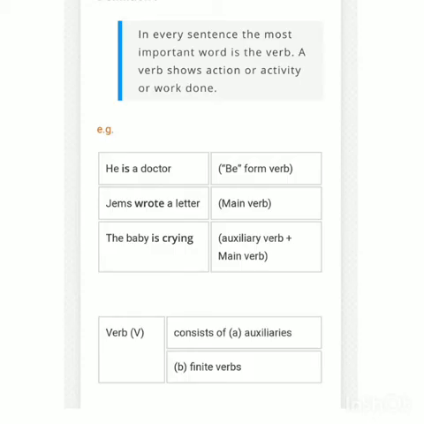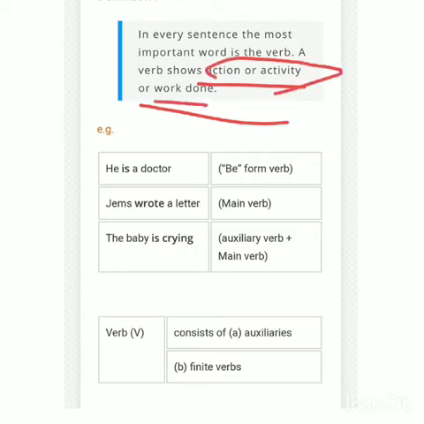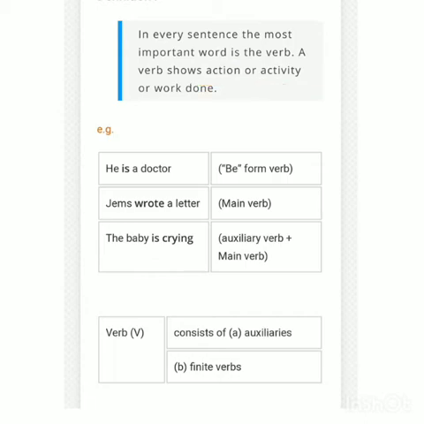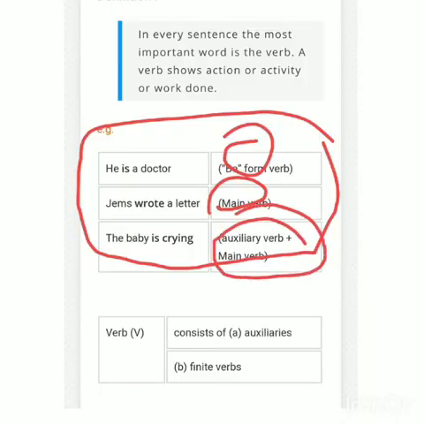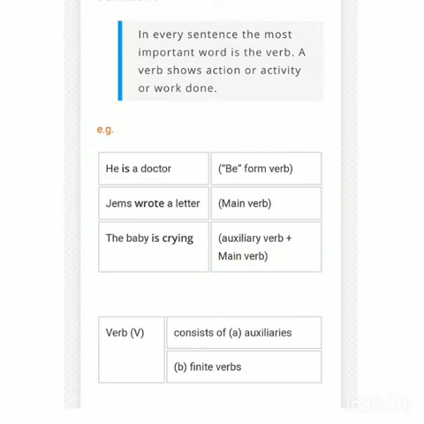Next one, verb. In every sentence the most important word is the verb. Okay, a verb shows action or activity or work done by the subject. In verbs we have three kinds: one is be form, another is main verbs, or else auxiliary verb plus main verb.